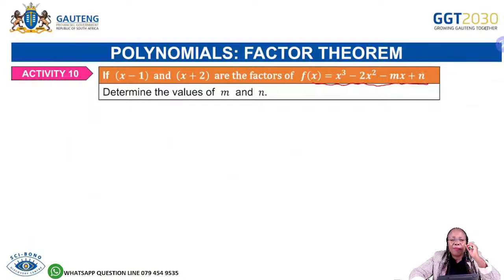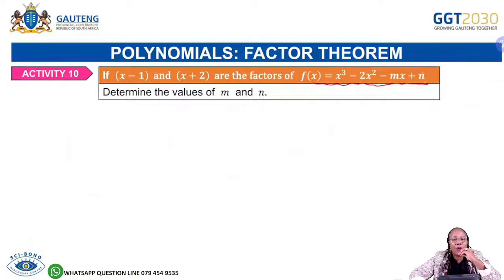Determine the value of m and n. You remember we did this problem previously: if we have 2 unknowns, we need to apply simultaneous equations. And to do simultaneous equations, you need 2 equations.